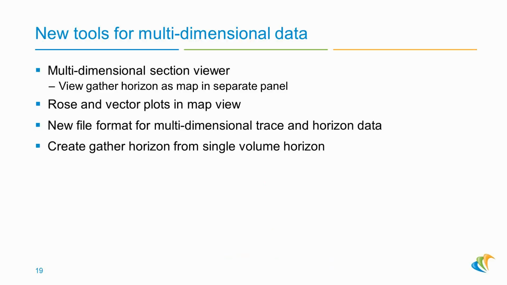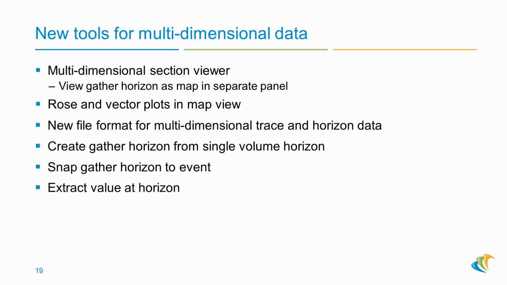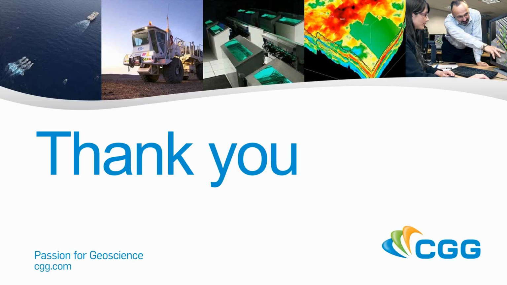We can create these multidimensional horizons from a single volume horizon. We can snap any gather, so that's any multidimensional horizon, to an event, either on the seismic or on the inversions, and we can extract the value at a horizon. So these are some of the new tools which are in the Jason Workbench, which you can use for your anisotropic analysis of your data.